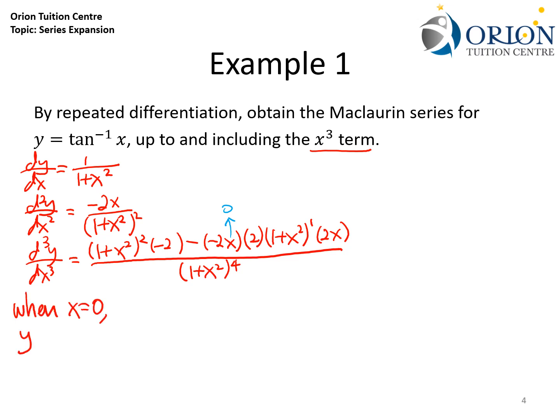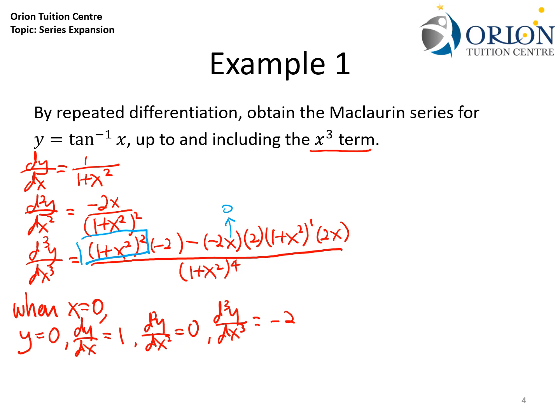I get y equals 0, dy/dx equals 1, d2y/dx squared equals 0. And finally, d3y/dx cubed will be equal to negative 2, because this term gives me 1 multiplied by negative 2, which is negative 2. This term becomes 0 because of this 0 here, and the denominator is 1.